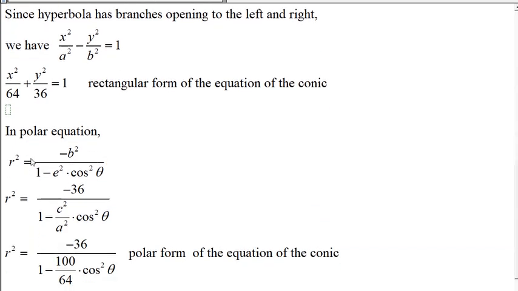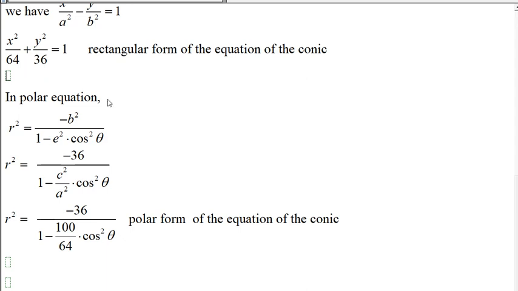The polar form: we have r squared equal to negative b squared divided by 1 minus e squared times cosine squared theta. So b squared is 36.